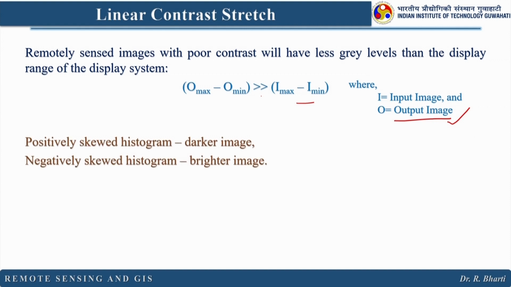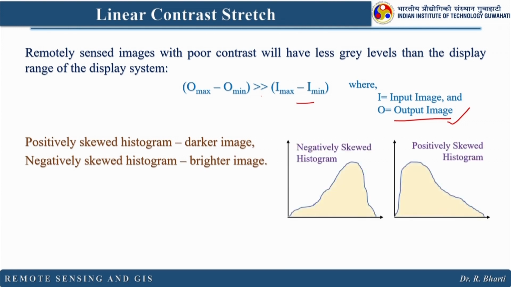There is a concept called positively and negatively skewed histograms. Here you can see if an image is positively skewed or negatively skewed. So, what does it mean? Basically, in a negatively skewed histogram, the values are in the higher range, right. This is, let us say, 0 to 255, and this is again 0 to 255. If the values are more in the higher range, your image will be brighter.